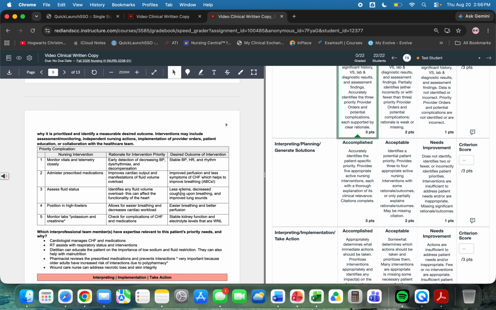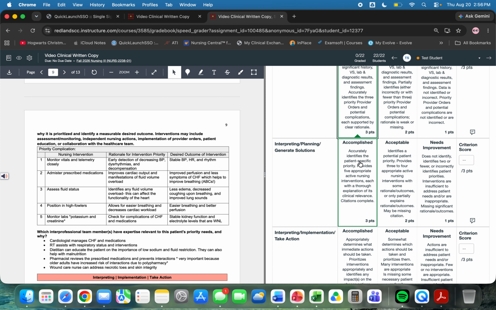She does a good job over here of making sure they understand, like, I would do meds because it helps improve my breathing. I know the patient's not in any respiratory compromise at the current moment, and she does a good job of prioritizing circulation too. So monitoring their vitals, monitoring their telemetry status, those are all very priority and important things to do on a patient like this. So as long as I can recognize that, she does a great job.